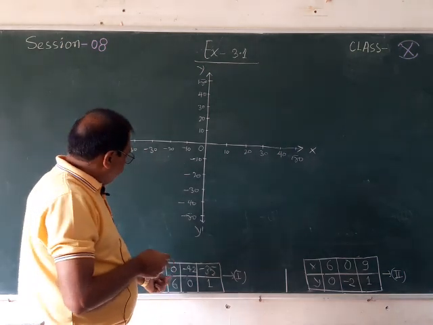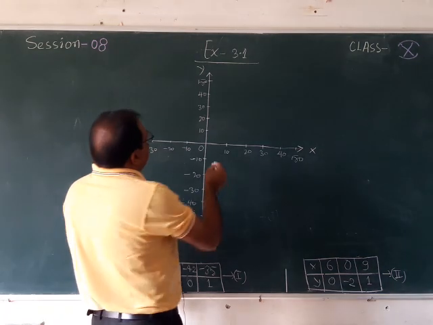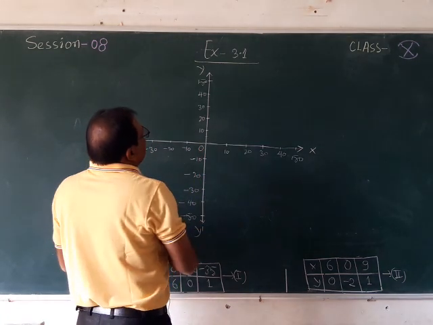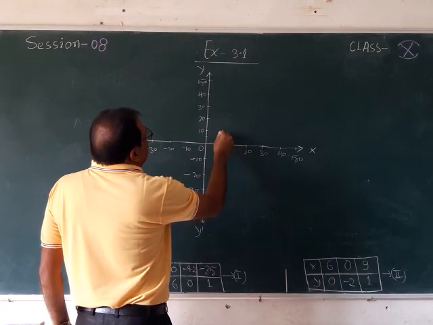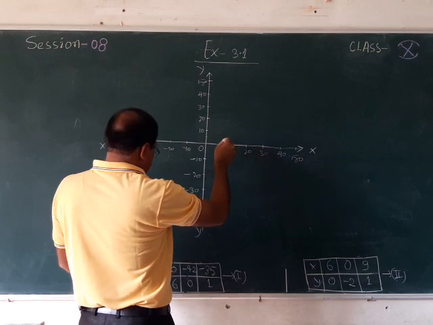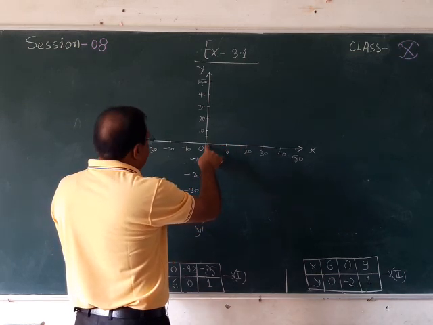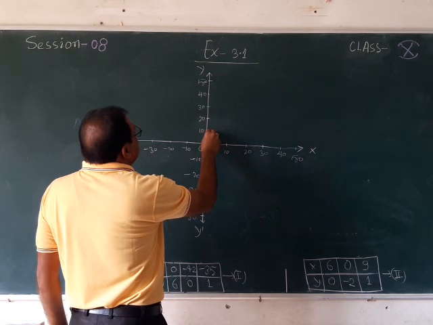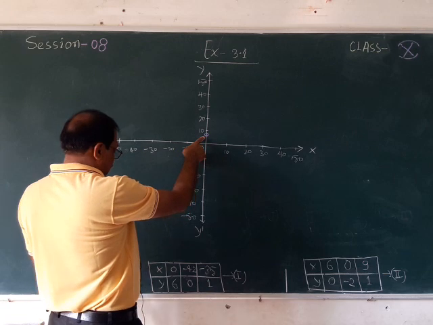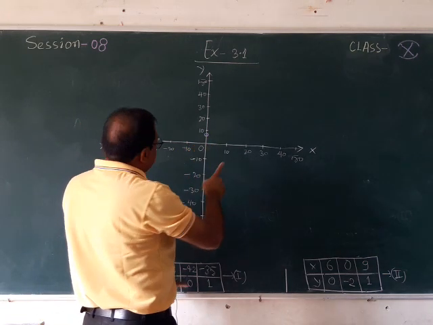So for the first equation, if x is 0 then y is 6. 6 will come nearly where I am showing you. That means the point may come here. And if x is minus 42, y is 0.